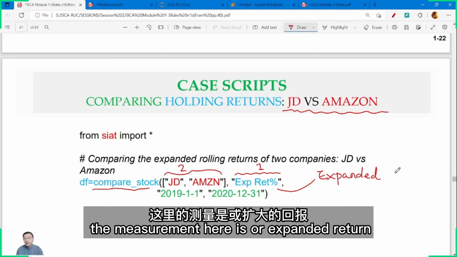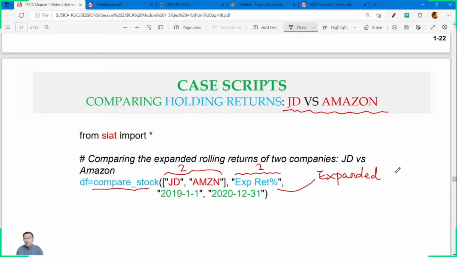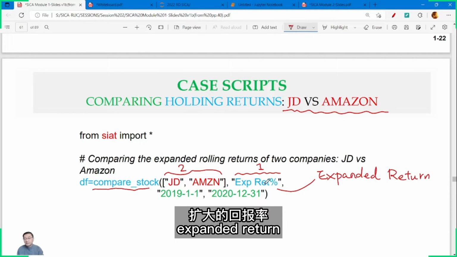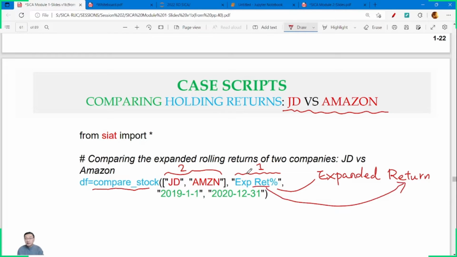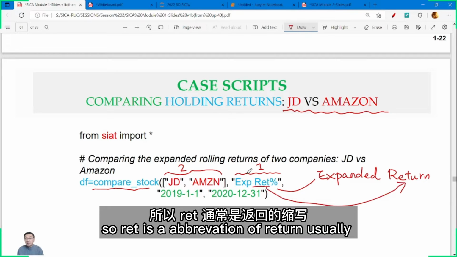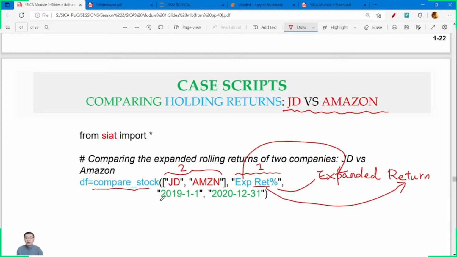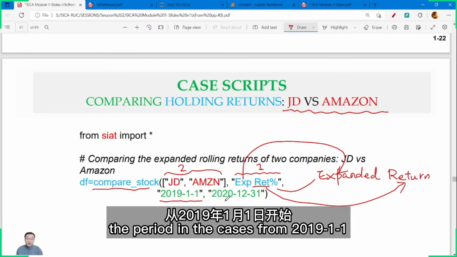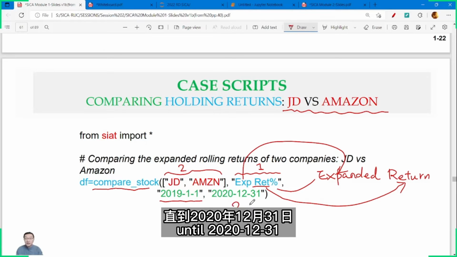RET is usually an abbreviation of return, and EXP is expanded. The period in the case is from January 1st, 2019 until December 31st of 2020. It's 2 years.